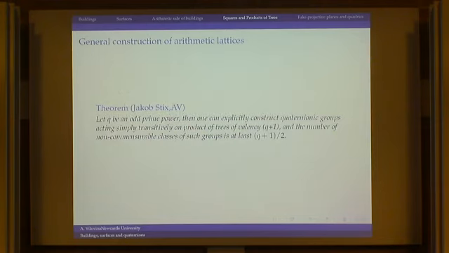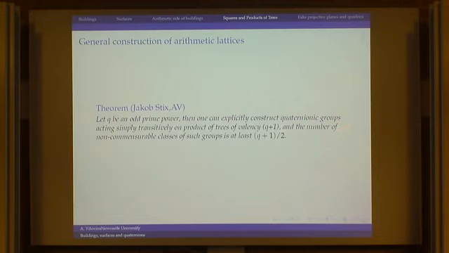And this is a gentle formulation of our result with Jakob Stix, that we can get a family of arithmetic groups acting on products of trees of the same valency, but also that the number of non-commensurable classes of such groups for each q is (q+1)/2.